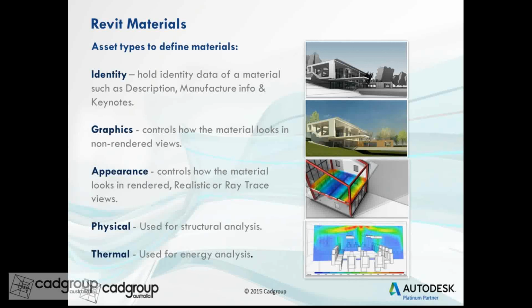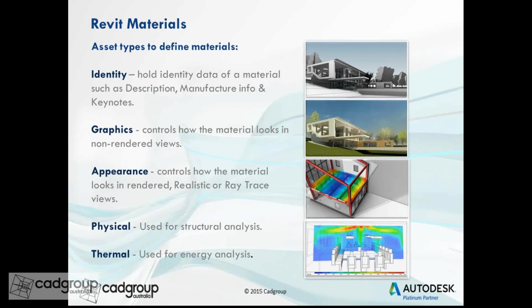Most of us know that identity basically holds identity data of the materials, such as description, manufacturing information, or keynotes, which is pretty useful if you are going to do a material takeoff, where you can add information like the cost per square meter, the manufacturer, the URL, etc. That can be very useful for material takeoff, and you can get an estimated value as well as a paint area, etc.